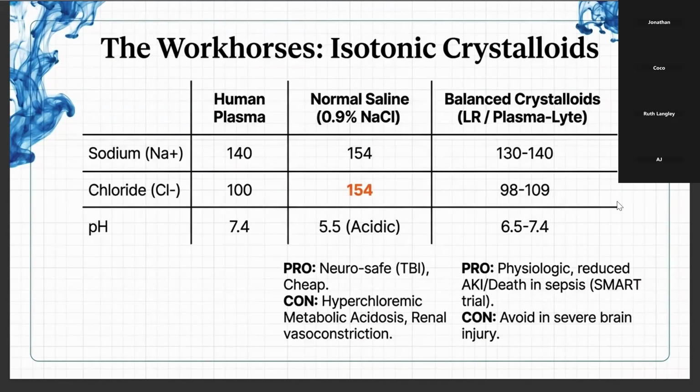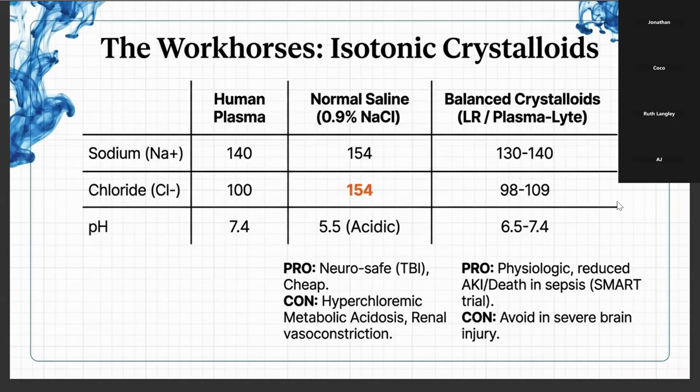And occasionally we'll give them plasma, won't we? The sodium content of human plasma is 140 millimoles. The chloride content is 100 and the pH is 7.4. So this is what's in your blood. This is normal human plasma.